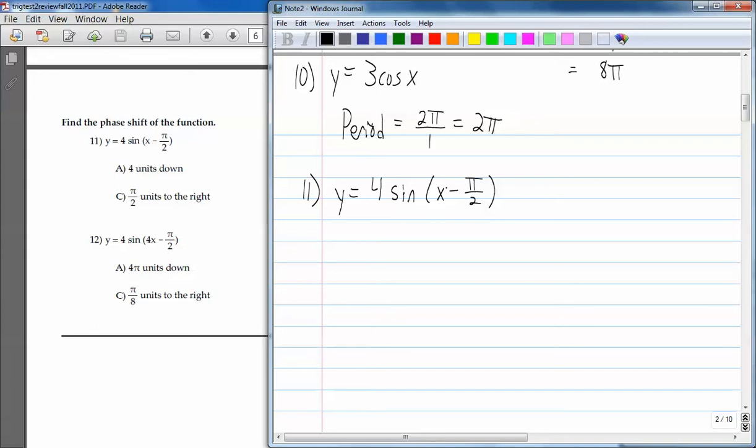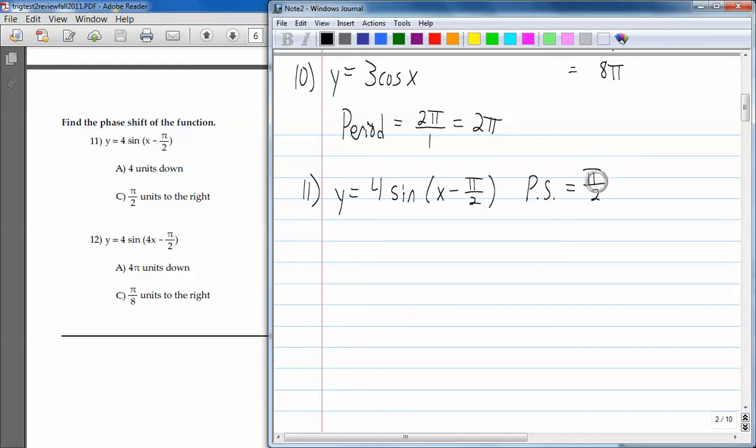So to figure out the phase shift, the formula has a minus in it. So since the phase shift formula has a minus, that means that if we have a minus here, then whatever number we have here at the end, that's going to be our phase shift, and since there's a minus in front, it'll be a positive phase shift. If it was a plus in front, it would be a negative phase shift. So our phase shift here is pi over 2. Now remember, that's also considered to be your starting point if you were graphing.